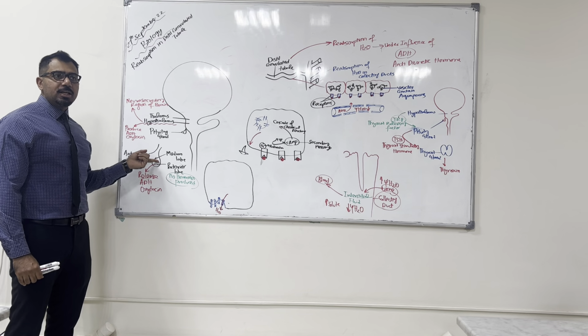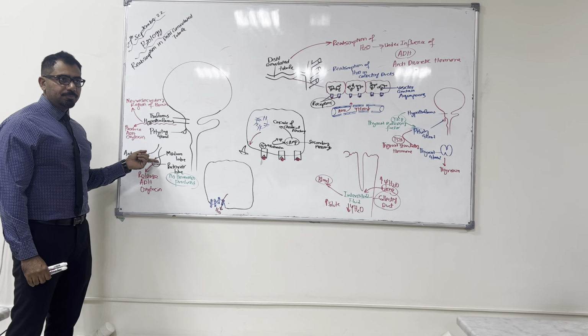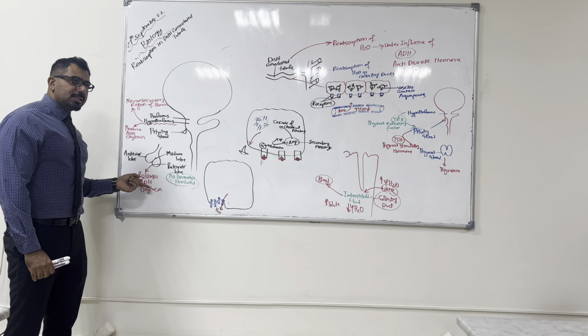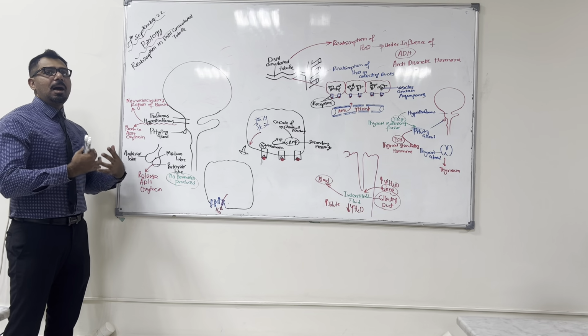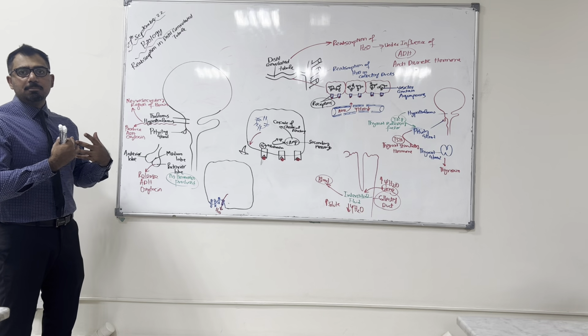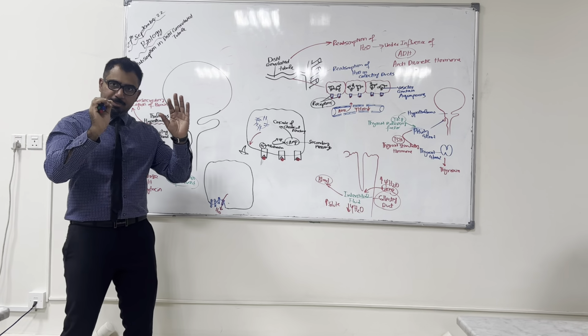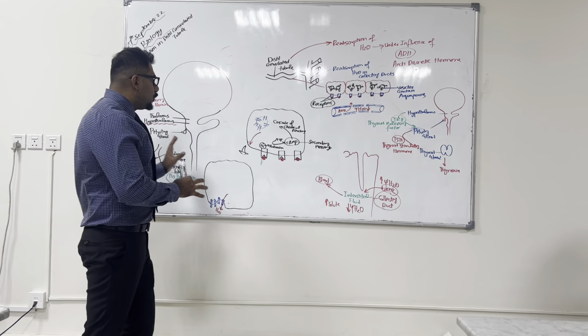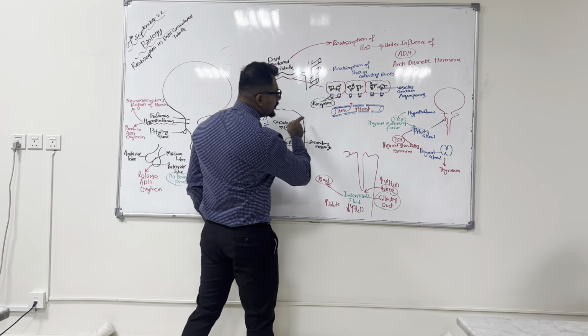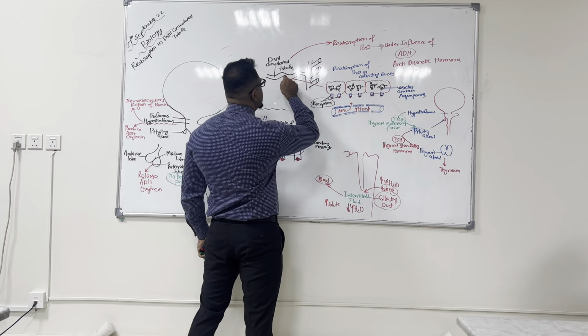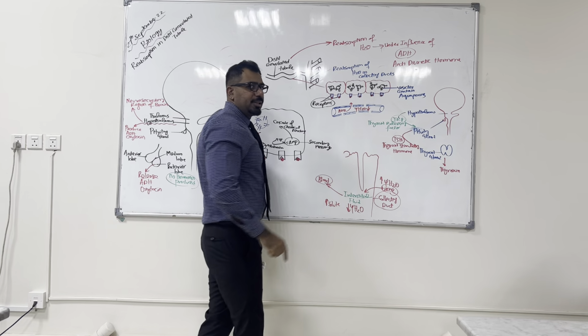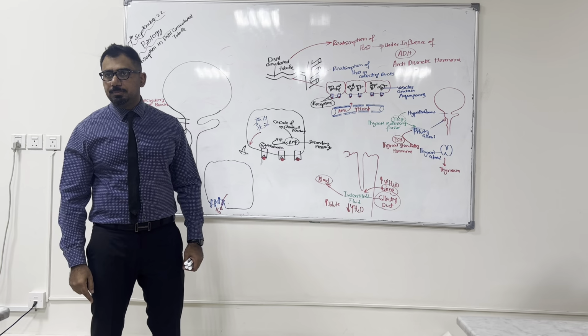It is stored in the posterior pituitary gland, and only released when there is less water in the blood, detected by the hypothalamus osmoreceptors. Remember that? When released, the ADH will travel in blood and reach the distal convoluted tubule. This is the epithelium of the distal convoluted tubule, right?